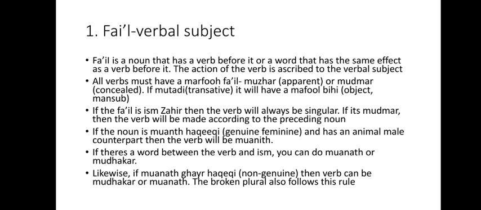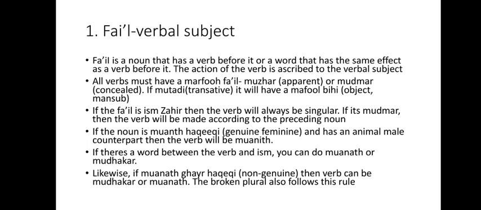Likewise, if it's mu'annath ghayr haqiqi, so it's not a genuine feminine word, it's just a word that's feminine because it might have ta marbuta at the end, or the Arabs have just used it as feminine for no apparent reason that we know of. It's just that when we were exposed to the Arabic language, we found that these words were often associated with femininity.